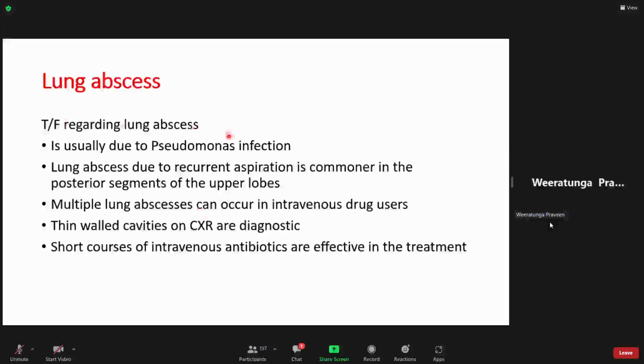As I told you, a pseudomonas infection alone is not what usually happens, it's a mix most often. Especially in Sri Lanka, it is a mix. If you take the fluid out and culture it, you will definitely get a mixed growth. A single organism does not come.